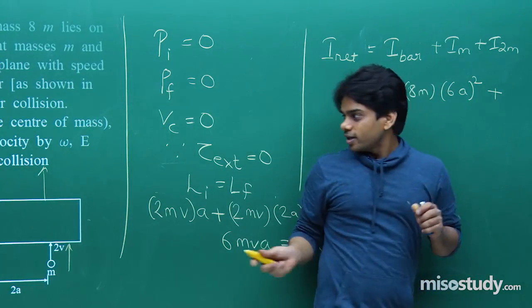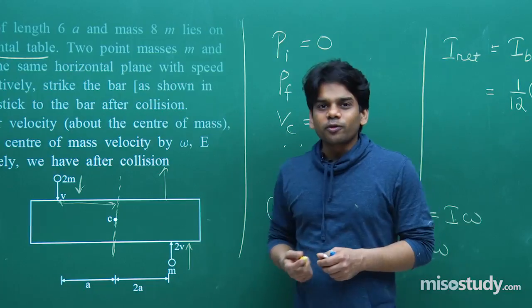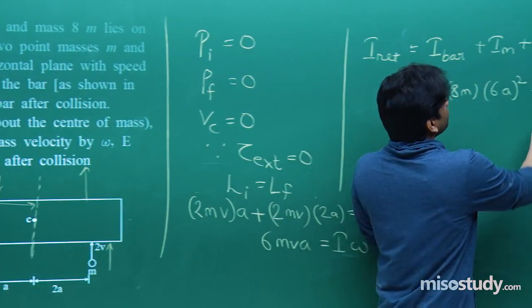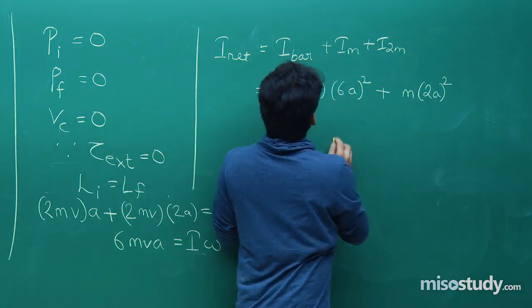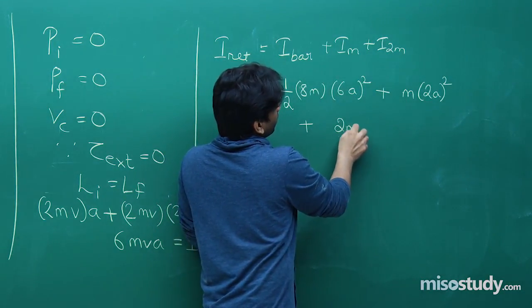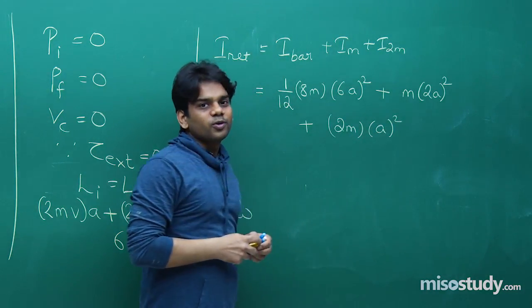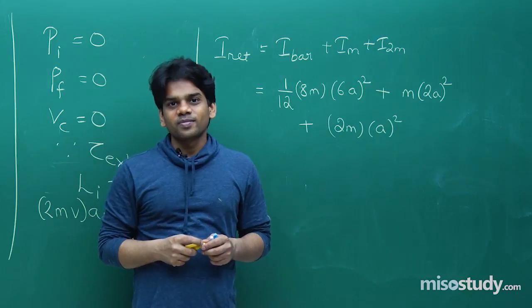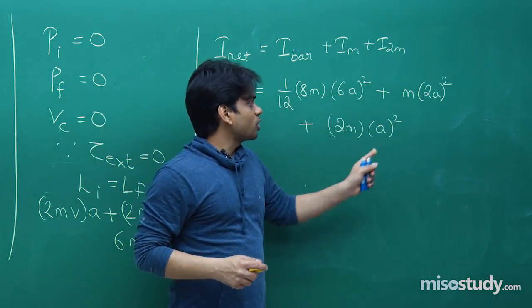You see here this mass m, its distance is 2a, mr square we have to use, so m into 2a whole square, plus due to 2m we will have 2m into its distance a whole square. 1 by 12 ml square we have used here, then mr square we have used here.